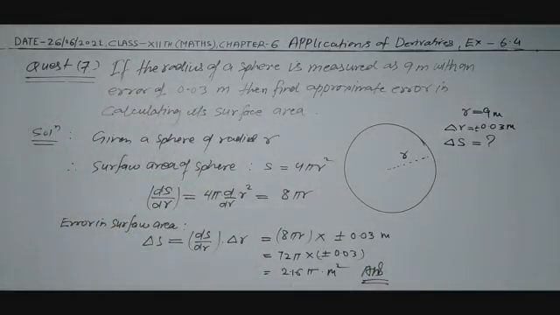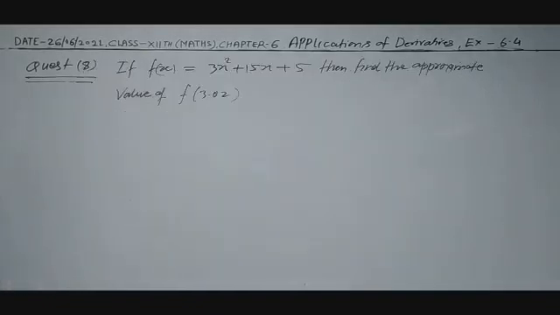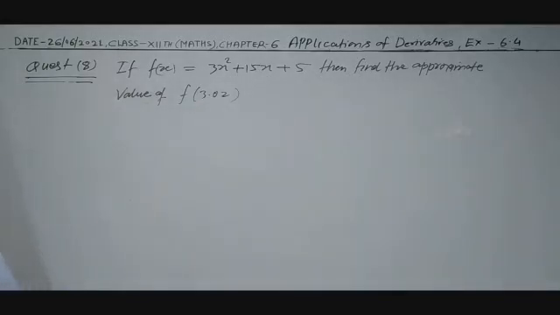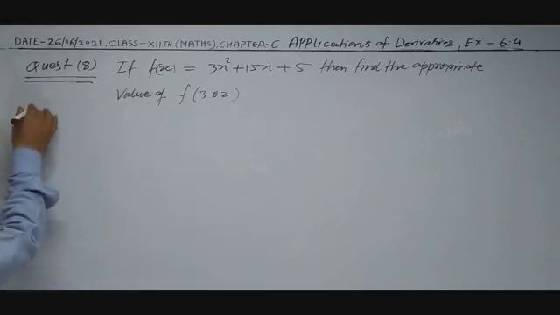Now come to question number 8. Question number 8 is: if f(x) is equal to 3x square plus 15x plus 5, then find the approximate value of f of 3.02. So first of all, you have to write the given function.